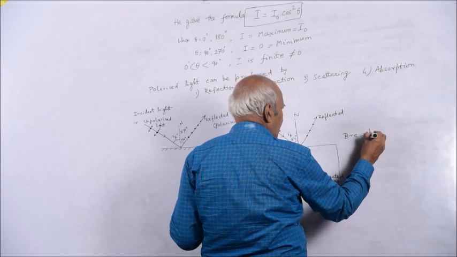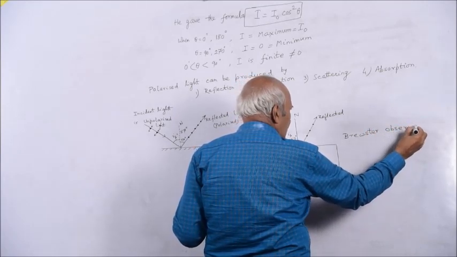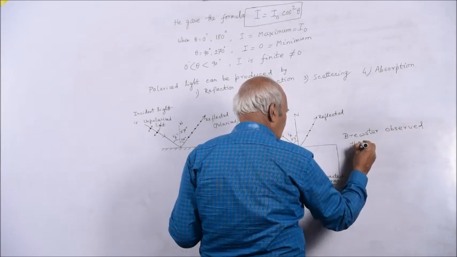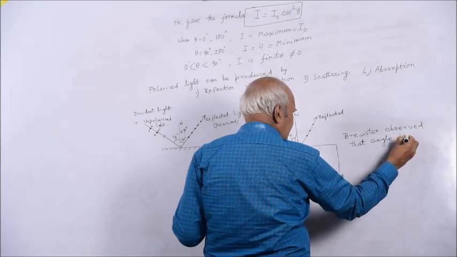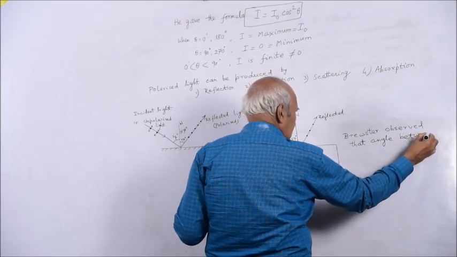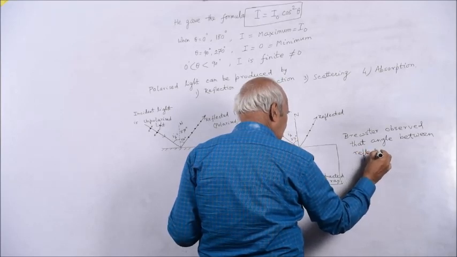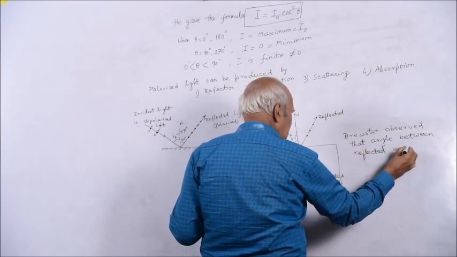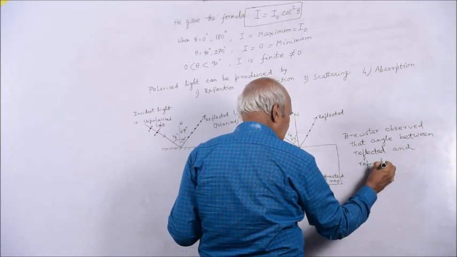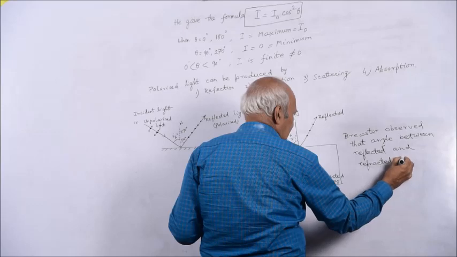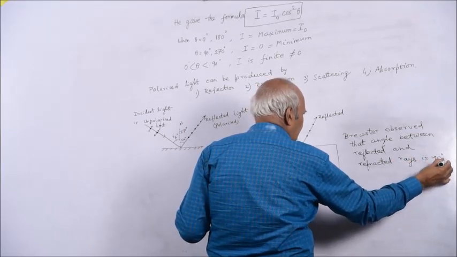Brewster observed that the angle between reflected and refracted rays is 90 degree.